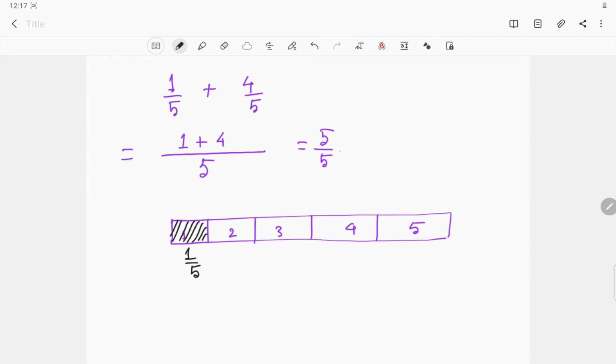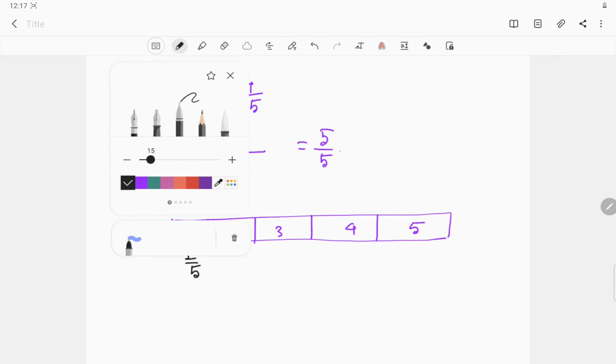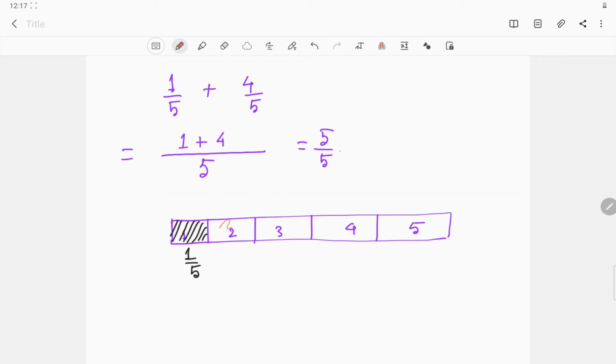And I add it with this portion, that is 4 by 5, because this is one part, another part, a third part, and a fourth part. So I have taken 4 orange parts out of 5 parts, so 4 by 5, and I want to add them.